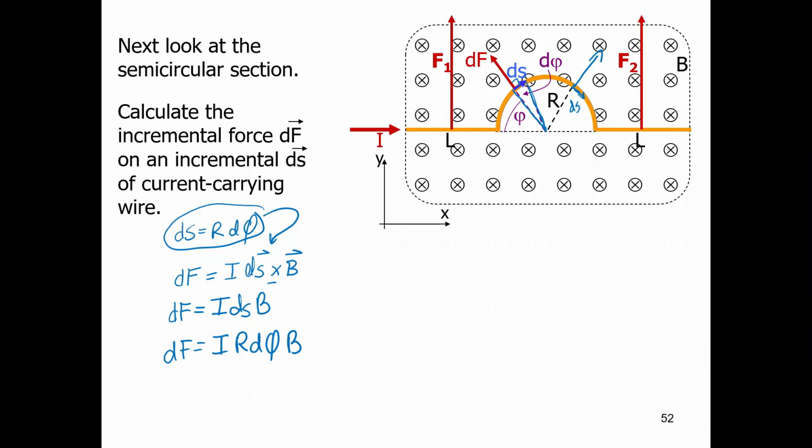I is a constant. B is a constant. So the only thing that's varying is that dphi, so I'm going to pull that out at the end. So dF is equal to IRB dphi.